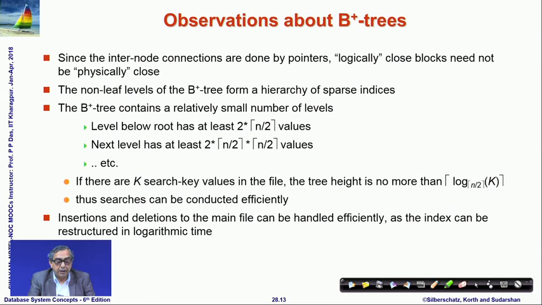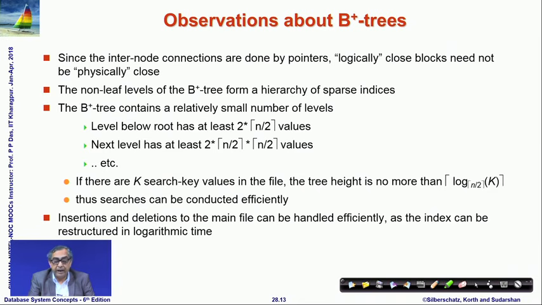So, every level you go down, you are increasing by a factor of n/2, which as you all know simply means that the number of levels or the height is log k to the base n/2, where k is the number of search key values that exist in the tree.